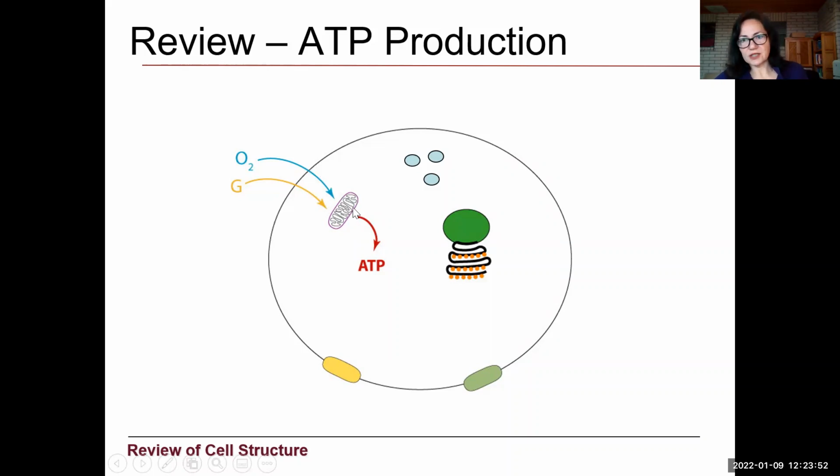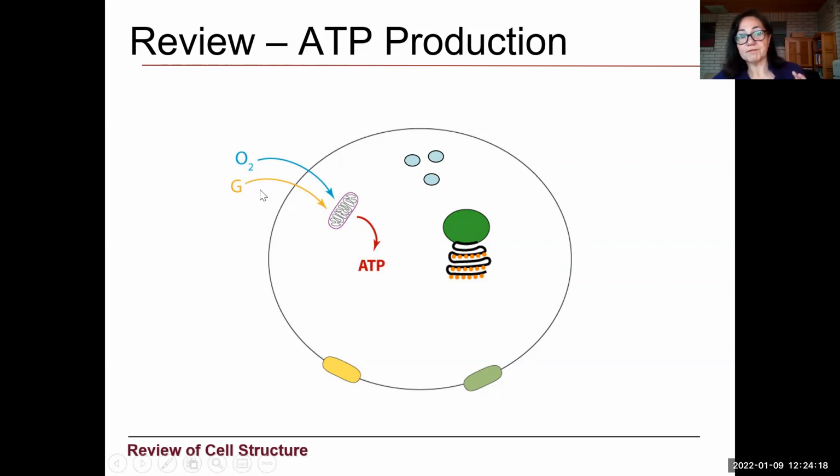In addition to the oxygen, we actually need a source of fuel. Here we're representing that with a G for glucose, but these can be other energy-rich molecules, as we'll see later in the semester. But you probably learned about it as glucose. It's not just glucose. Cells can use other forms of fuel, but glucose is largely used, and it's probably what you learned.